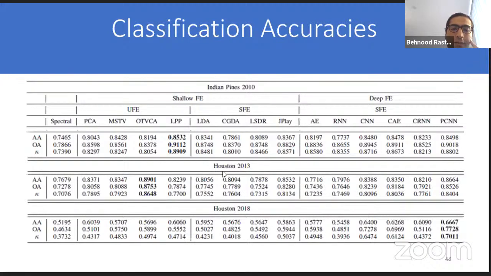But for the other datasets, Houston 2013 and Indian Pines 2010, this is not the case. As you see, for instance, here LPP works slightly better than deep learning techniques, and here OTVCA works slightly better.